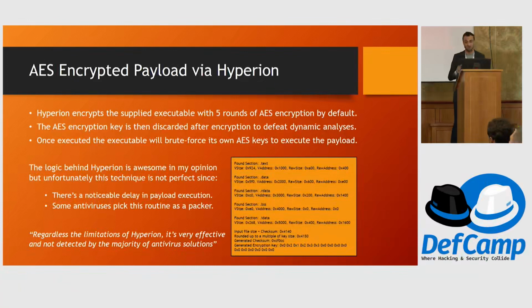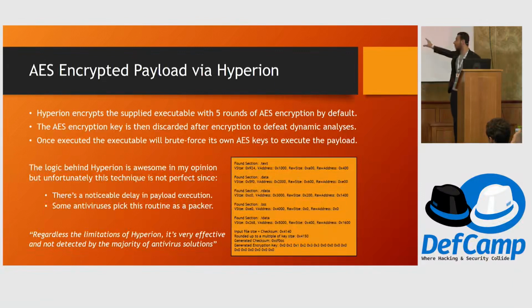If you are not executing the stub, you are not seeing the routine. If you are not seeing the routine, you will not get a pattern. If you are not getting a pattern, you skipped the detection. Once executed, the executable will brute force itself, which I find a very unique idea, get its own AES keys, and execute the payload, which is a win, a bypass.